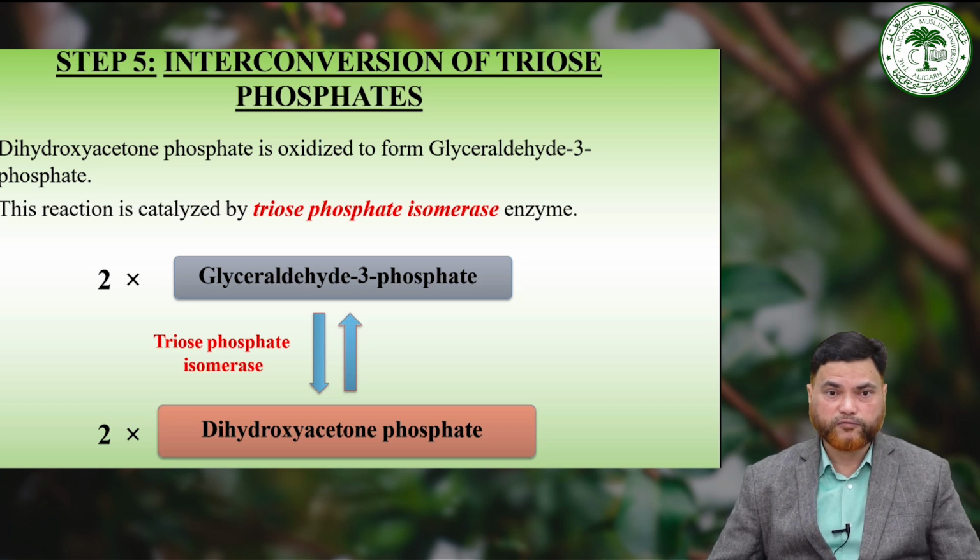Glyceraldehyde 3-phosphate, you see, is a key participant in the primary step of glycolysis and serves as a substrate in the subsequent glycolytic reactions.